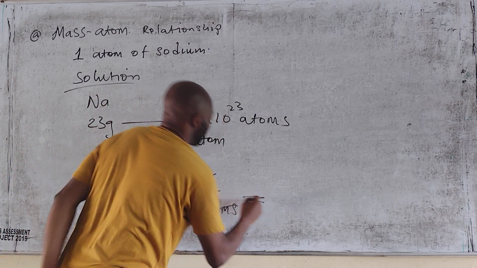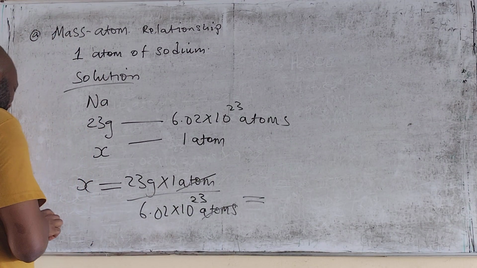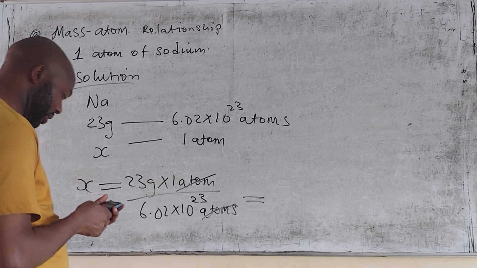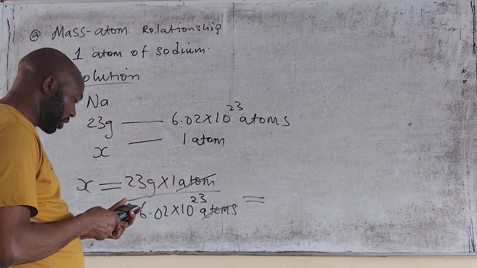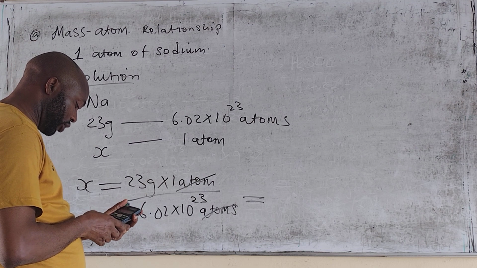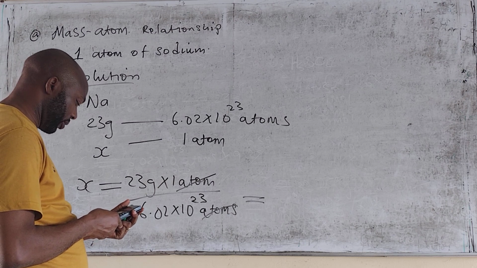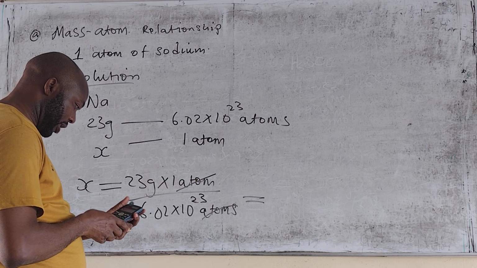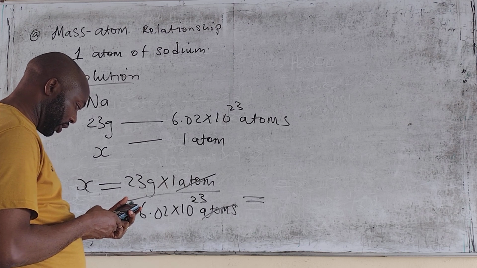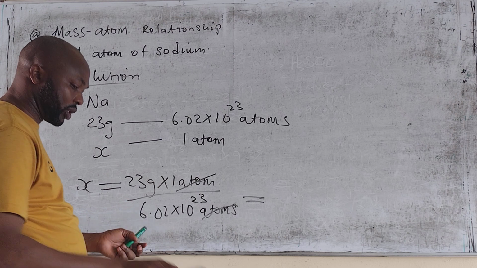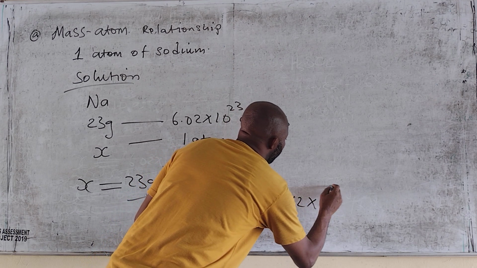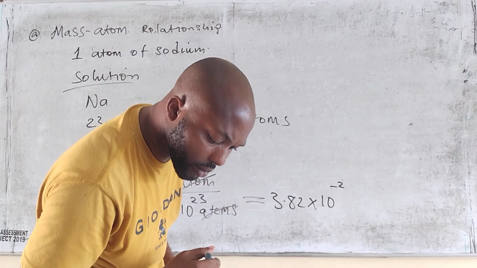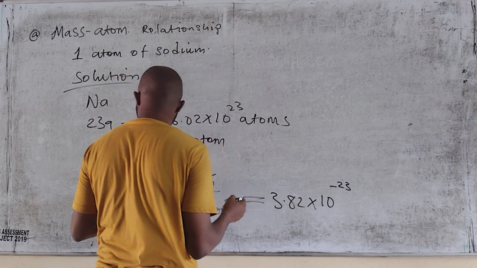Atoms will go, and we're left with 23 times 1 divided by 6.02 times 10 raised to the power of 23, which is 3.82 times 10 raised to the minus 23 grams.